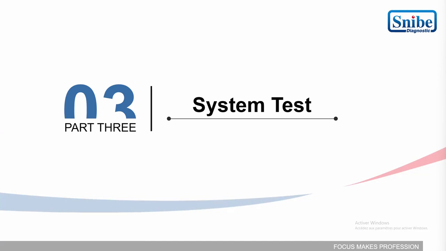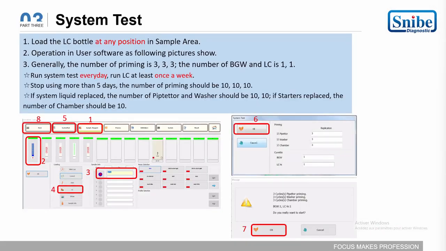Then after you load the reagent and check consumables, you can start running the system test. The system test is the test that we run every day before starting running the samples. So you can check the status and the performance of your analyzer, if everything is okay, and if the analyzer will provide reliable results.